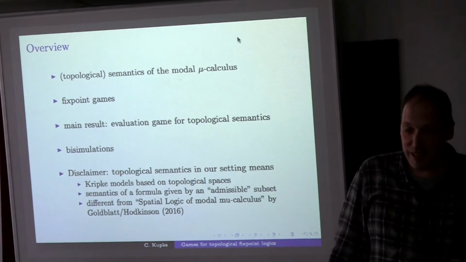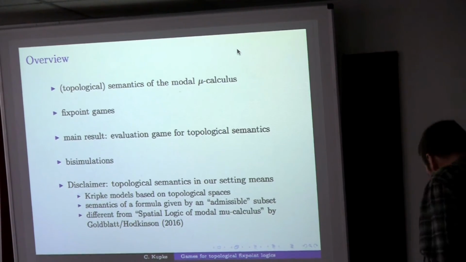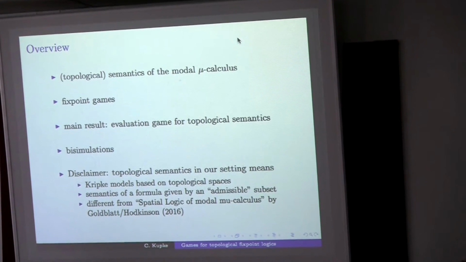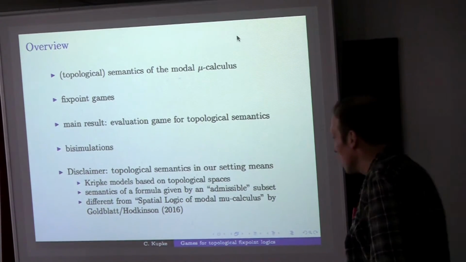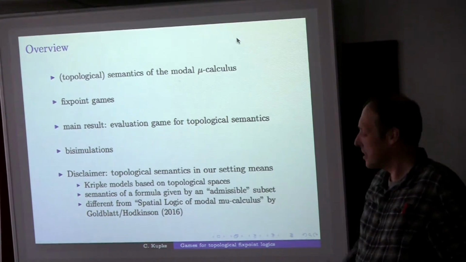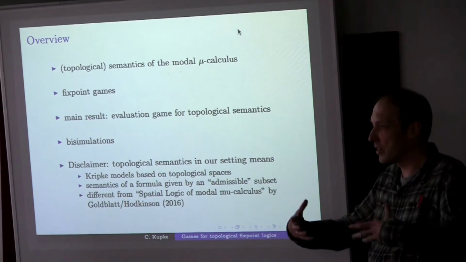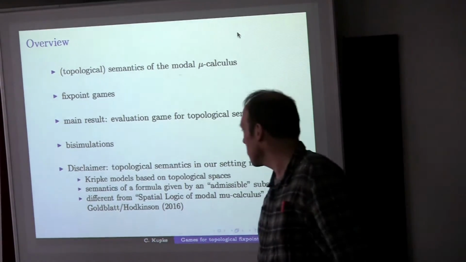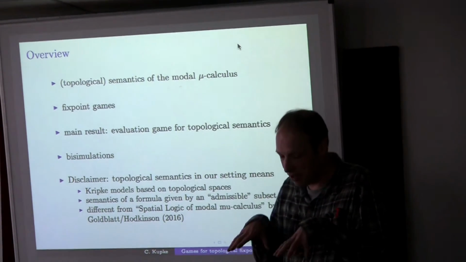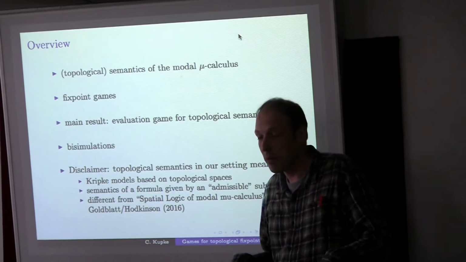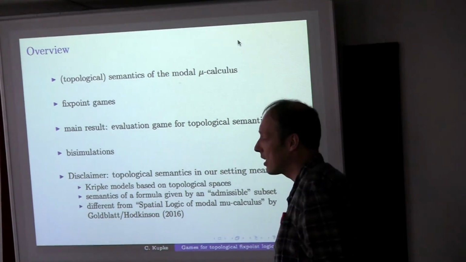First of all, before I start, a disclaimer: topological semantics for the mu calculus for us means, and us is, by the way, not just me and my imaginary friend, but Nick Bezhanishvili from the University of Amsterdam, so topological semantics for us means we have a Kripke frame where we have a topology on it. There are other people who interpret modal logic directly on a topological space, where the modal operators are interpreted as interior or closure.